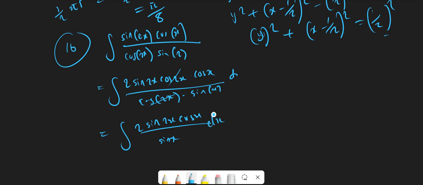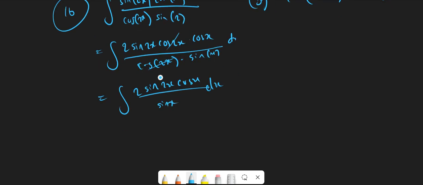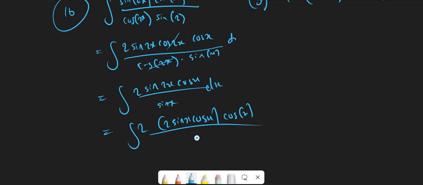I think we can even do something. We can write this as the integral of 2 times 2 sine of x cosine of x times cosine of x, all divided by sine of x dx.